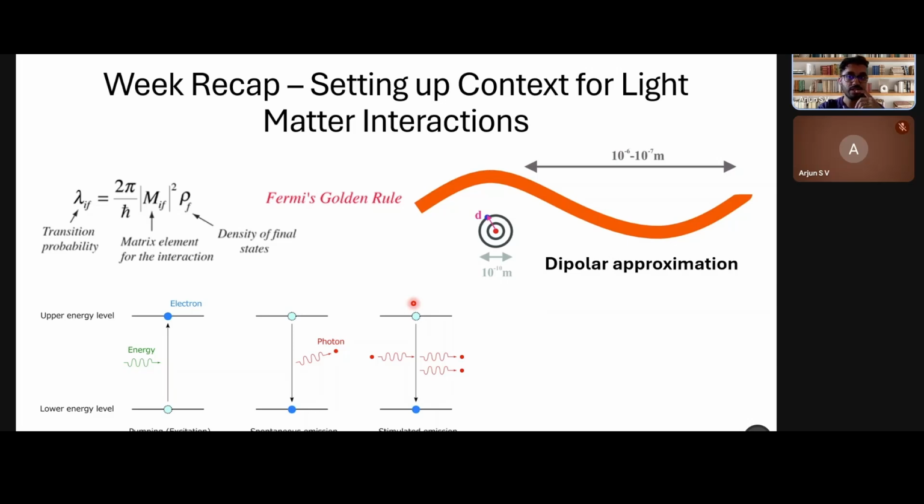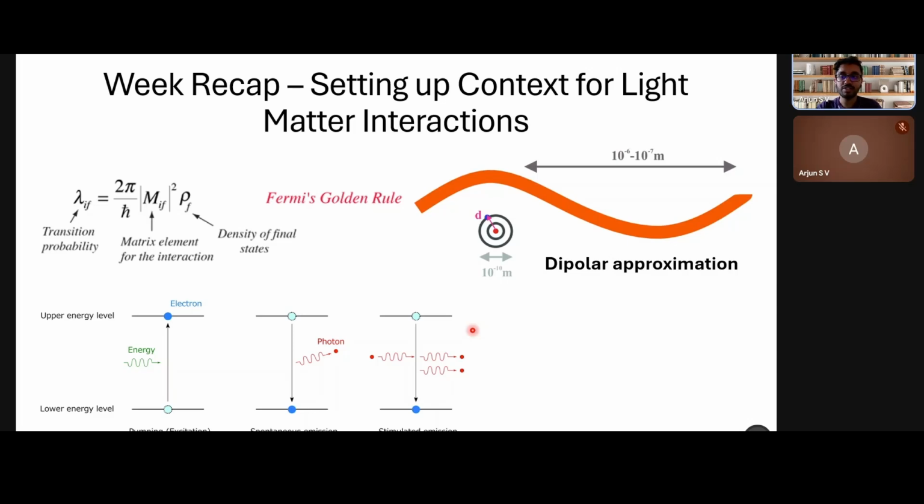It mostly focused on expanding the concepts from week 2, which focused on time-dependent perturbation theory, TDPT, and it tried to provide a rigorous quantum mechanical description of transitions from your ground state to your excited state, as well as from your excited state back to your ground state.